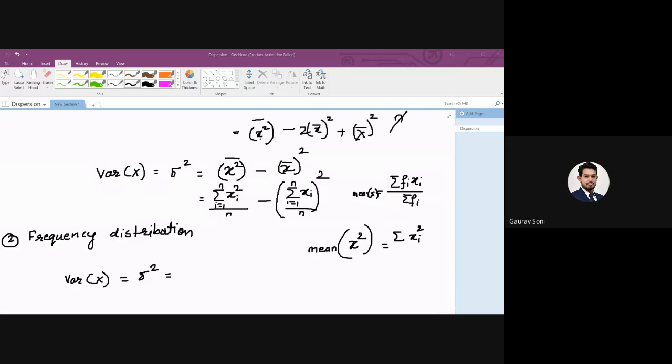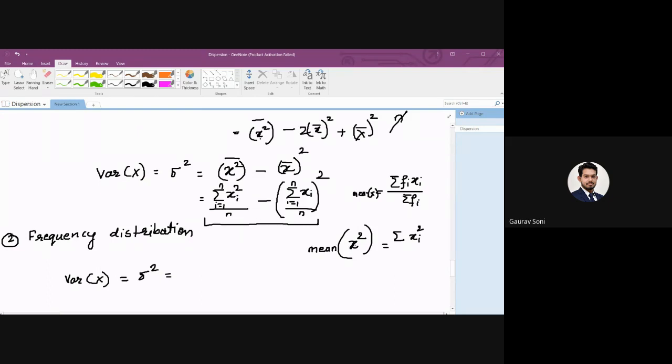Please go ahead. Sir, summation x minus x bar square by n. Xi minus x bar. Why are you going to that? I need the generalization of this formula for frequency distribution.